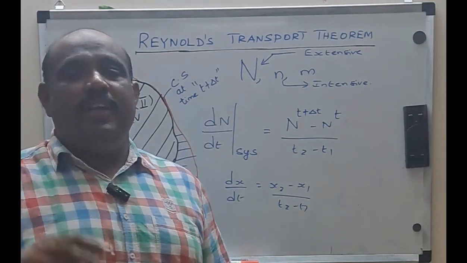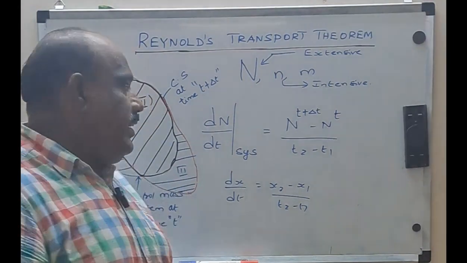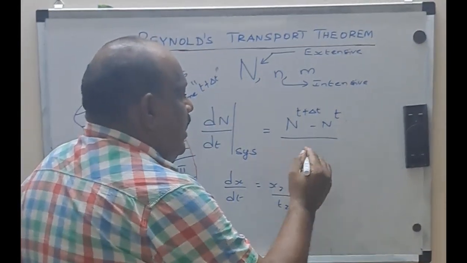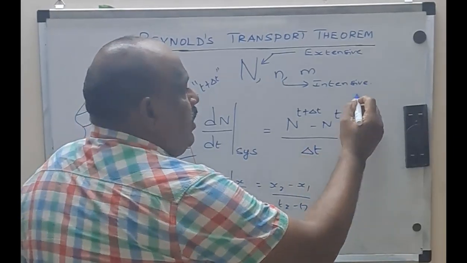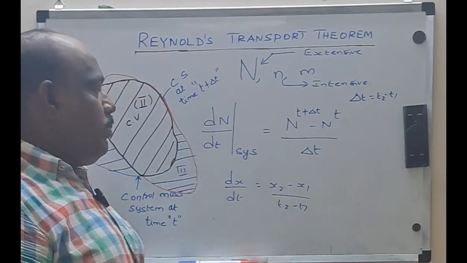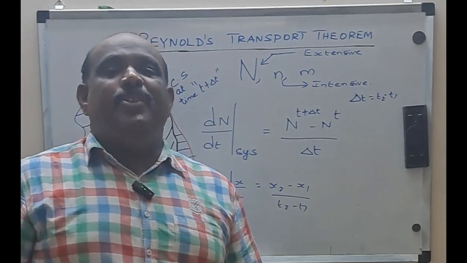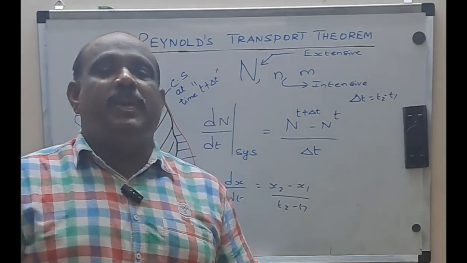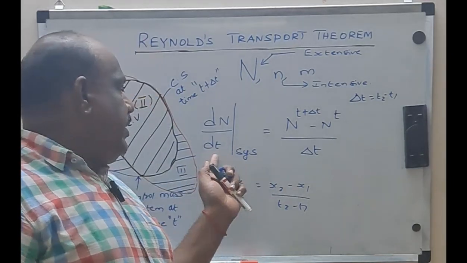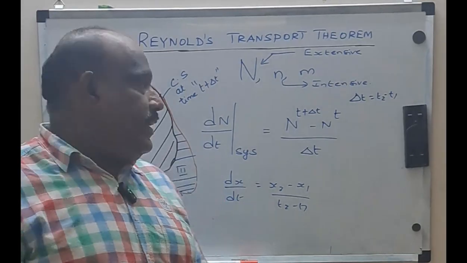So we have to write N of t plus delta t minus N of t divided by delta t. This delta t is nothing but t2 minus t1. Both are the same. Why have I not written N2 minus N1? Because N2 minus N1 is with respect to the spatial coordinate. Now we are writing with respect to time, because we are differentiating with respect to time. So N of t plus delta t minus N of t by delta t.